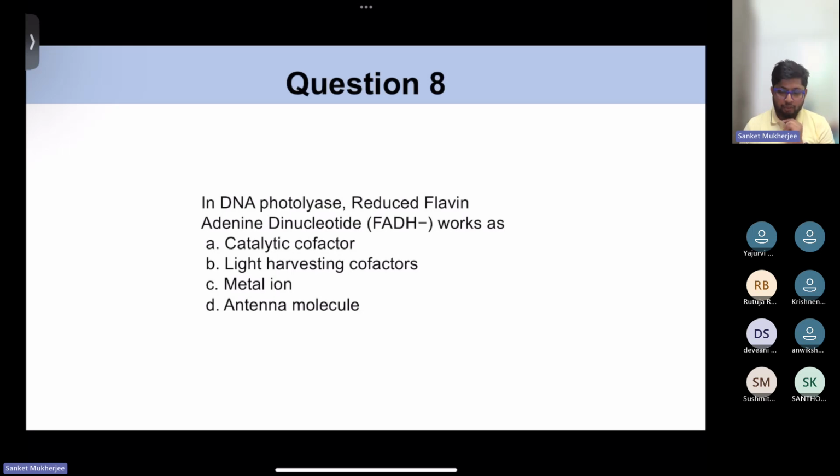Coming to question 8, in DNA photolyase, reduced flavin adenine dinucleotide FADH works as a catalytic cofactor, a light harvesting cofactor, a metal ion, or an antenna molecule. What would be the answer? This is an interactive session. It will be more interesting if everybody joins in. You can give answers either in Q&A or unmute yourself and just answer.